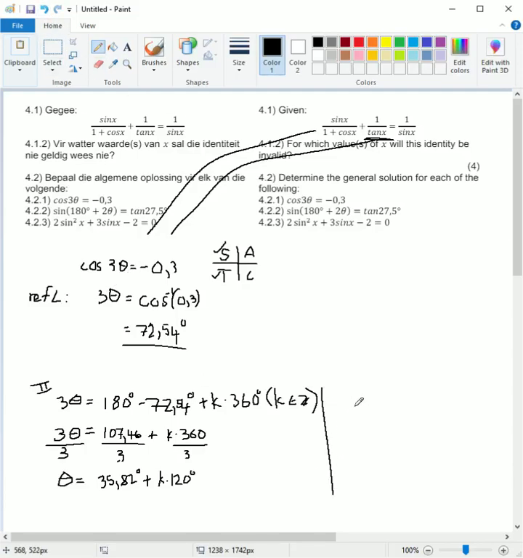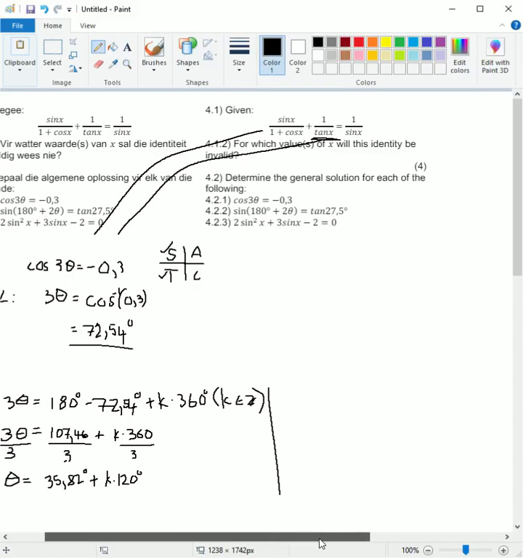Let's find the solution in our third quadrant as well. In the third quadrant, you are going to say our 3 theta is equal to 180 plus your 72,54, and we are again going to say plus k times 360.